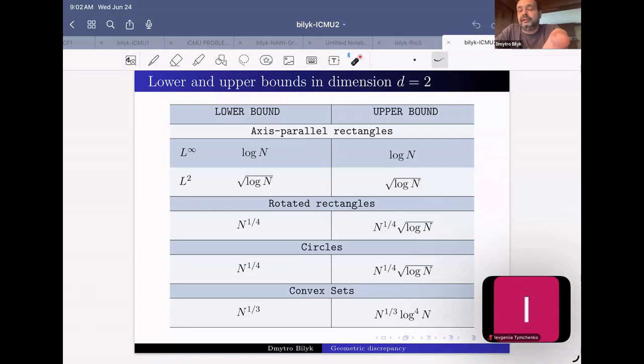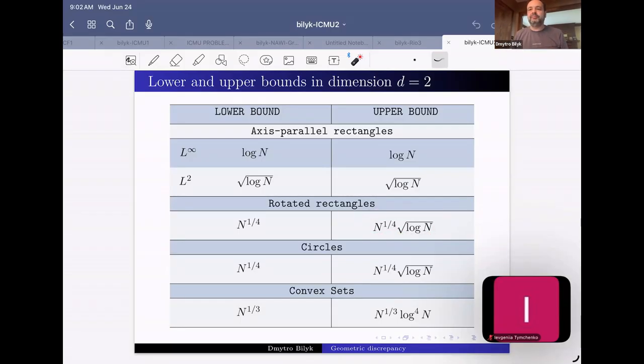In this case, it turns out that the discrepancy satisfies these lower and upper bounds. I remind you that the lower bound is a uniform lower bound, which means the discrepancy can never get smaller than this order of magnitude. And an upper bound means that there exist examples which actually achieve this order of magnitude.